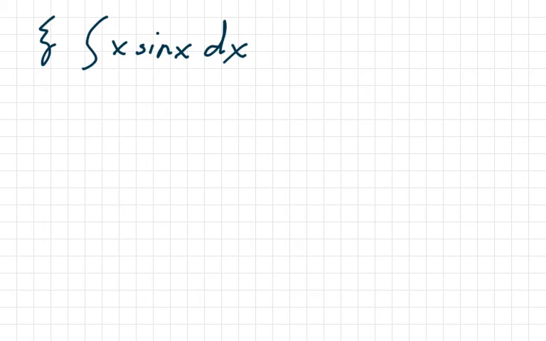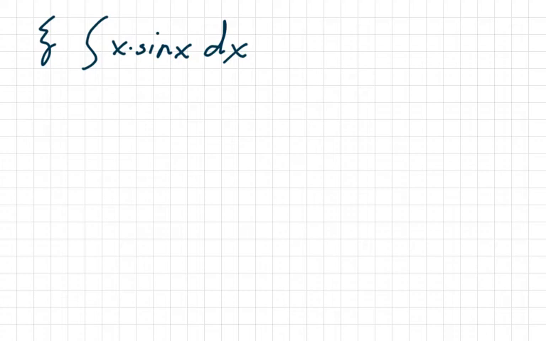All right. So you can see here, if you had this question, x sine x, and you tried to use substitution and you let u equal x, it wouldn't work. If you let u equal sine x, it wouldn't work. But I've got a product. I've got a function of x times a function of sine x. So now I have to decide, hey, I can use integration by parts.